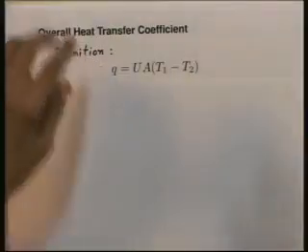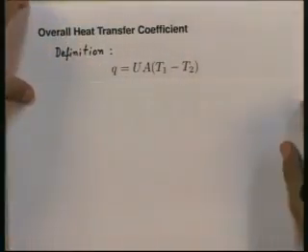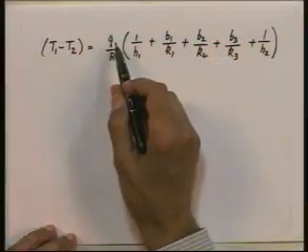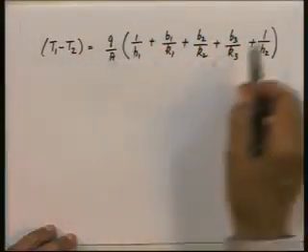Now, compare this definition with the expression which we had a moment ago for Q for an infinite slab. What was our expression for Q for an infinite slab? Let me just show that again for a moment. We got T 1 minus T 2 is equal to Q upon A into all this.